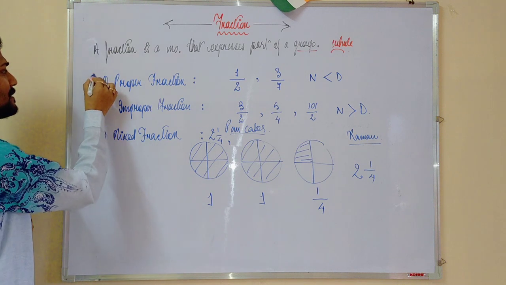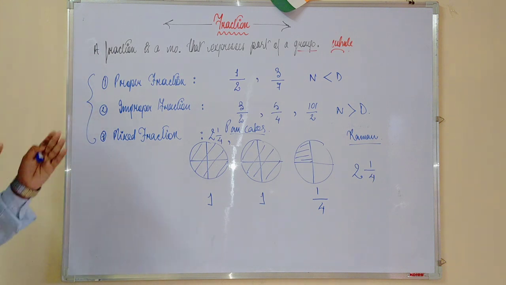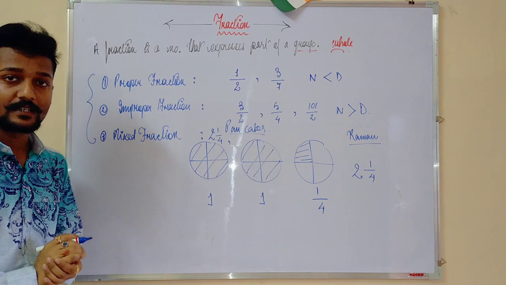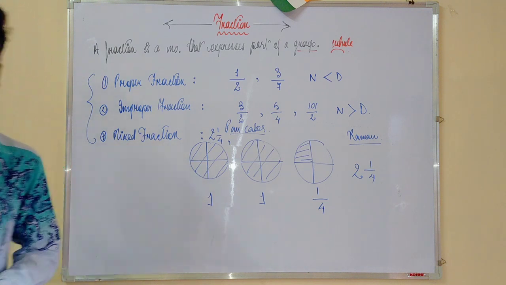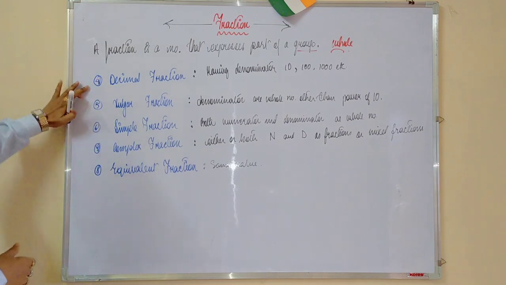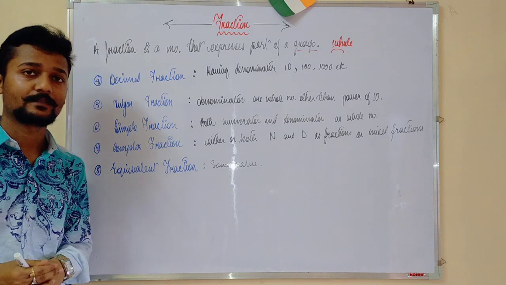These are the three main categories of fraction. Beyond them there are other categories of fraction which we are going to see next. The next type, number 4, is decimal fraction. Now what are decimal fractions?